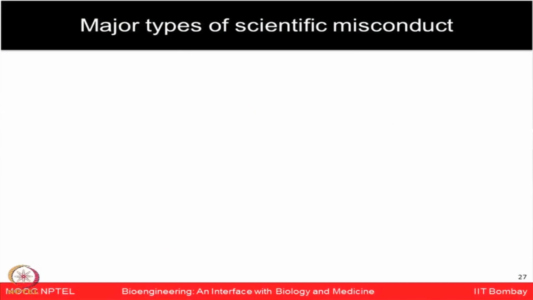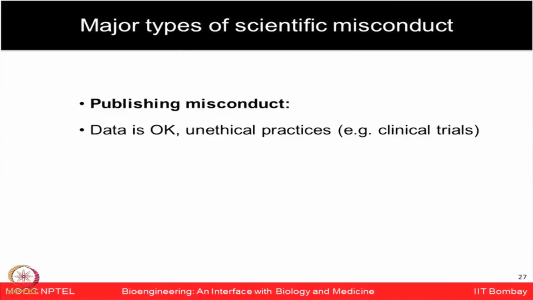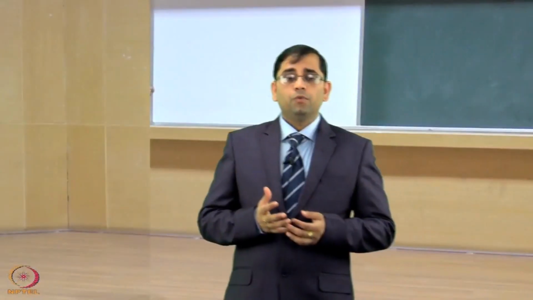So, what are the major types of scientific misconduct? One of them is publishing misconduct. Your data is okay, but one has performed unethical practices. For example, in a clinical study or clinical trial, proper consents were not obtained, and there has been misuse of the samples which were obtained.